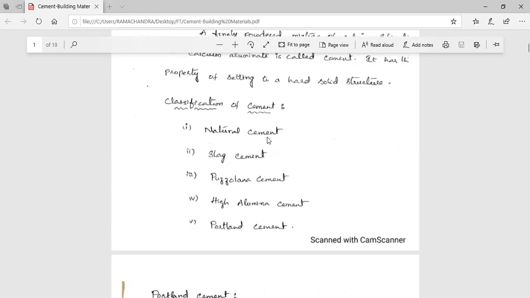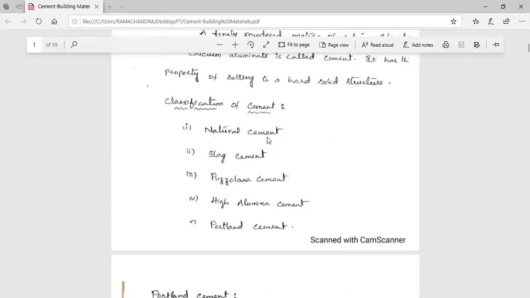Natural cement is obtained from naturally occurring limestone, which contains 20 to 40% of clay, heated at a high temperature and subsequently formed into powder.